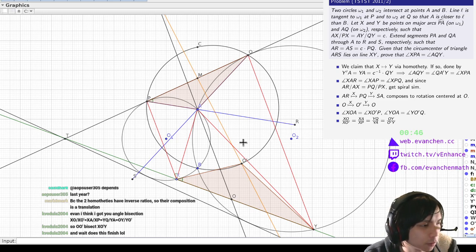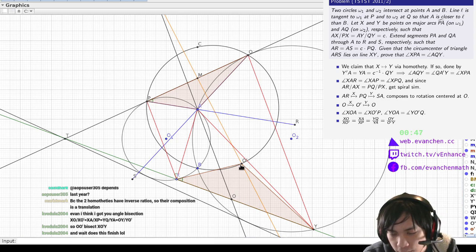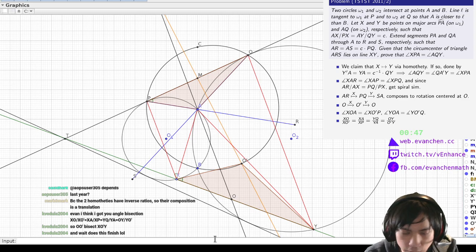Wait, I don't see why this gives... Which angle bisection are you claiming? Oh, O prime O bisects. Yeah, that's true.